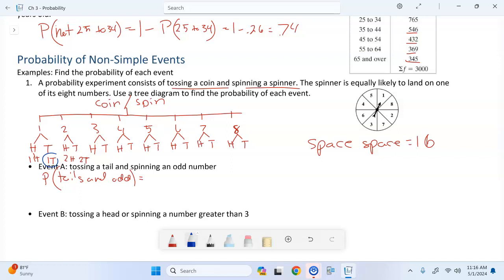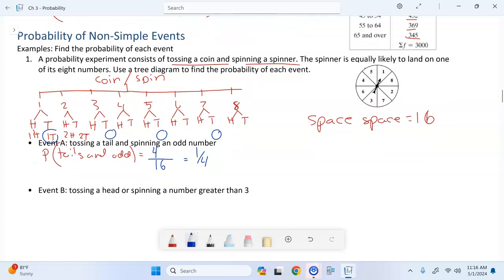No. What about tails and a 3? Is that tails and odd? Yeah. 5, tails and odd. 7, tails and odd. So how many different ways can I get tails and odd? 4. So the probability is 4 possible outcomes for the event out of the 16 in the sample space. So our probability of getting that event is 1 in 4.